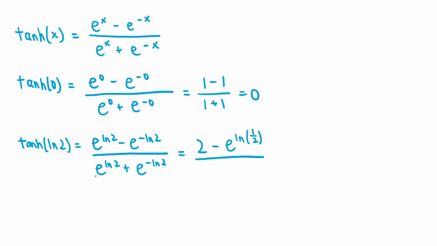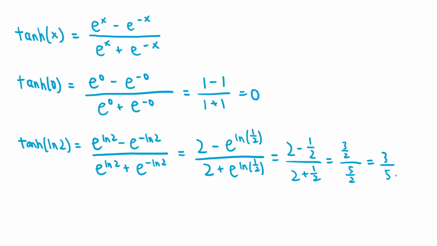So in the denominator, e to the ln of 2 is also equal to 2, and then plus e to the negative ln 2 is just the same as plus e to the ln of 1/2. So then the exponential and the logarithm cancel out again for the expression e to the ln of 1/2. So this is just 2 minus 1/2 over 2 plus 1/2. And this is just equal to 3/2 over 5/2.